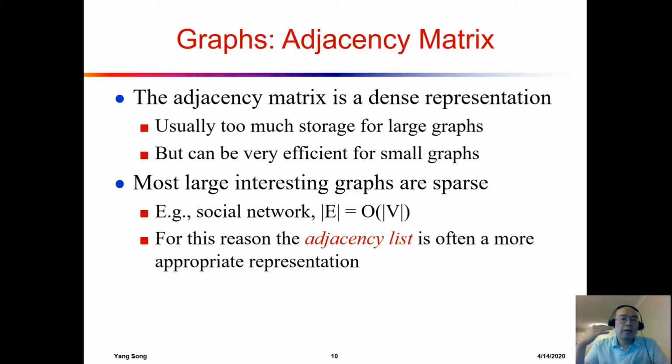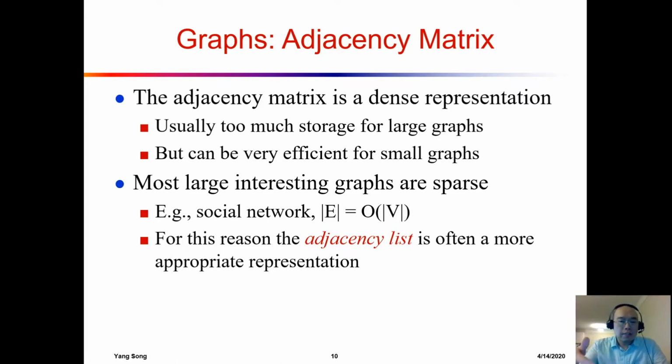Consider an n by n matrix of a social network, for example, all the users on Facebook or on Twitter. This matrix is very likely to be super sparse. There can be millions of people on a social network. However, I may only know a few hundreds of them, and that's already a lot, right?